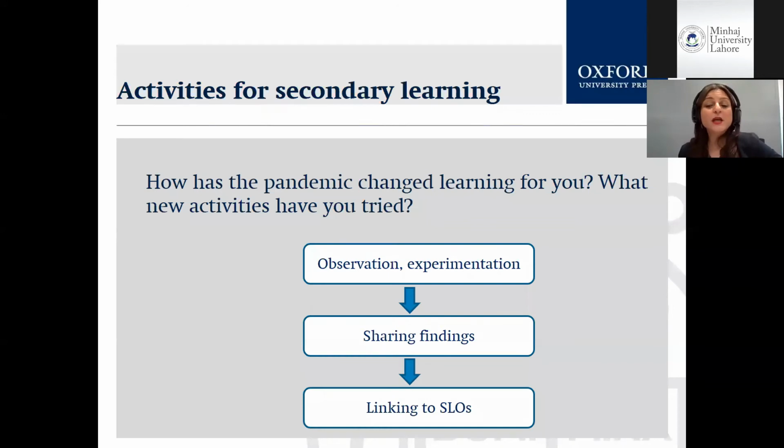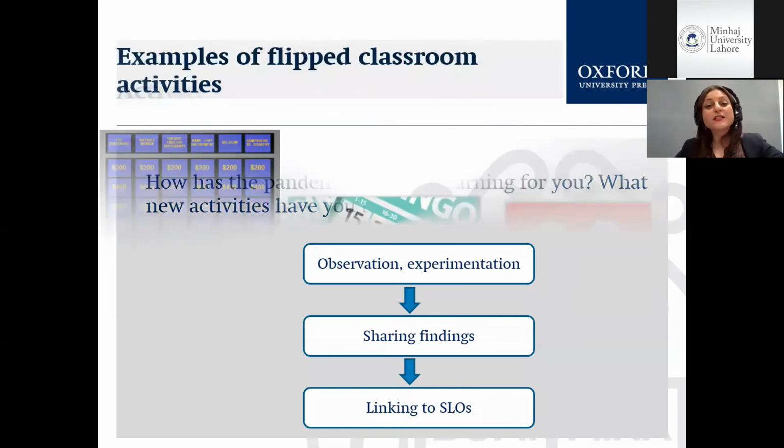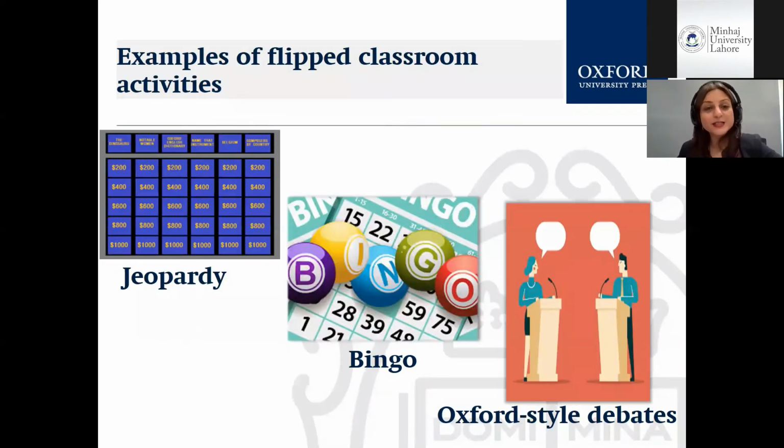The more fluent they become, the more interested they will be in reading and writing, which is where you want to bring them when you're teaching them core skills in English. And then you link that learning to the SLOs. So whatever topic you're teaching them, ask them to use their presentation skills to present a summary of that, find out about that topic and present it. These are examples of flipped classroom activities.